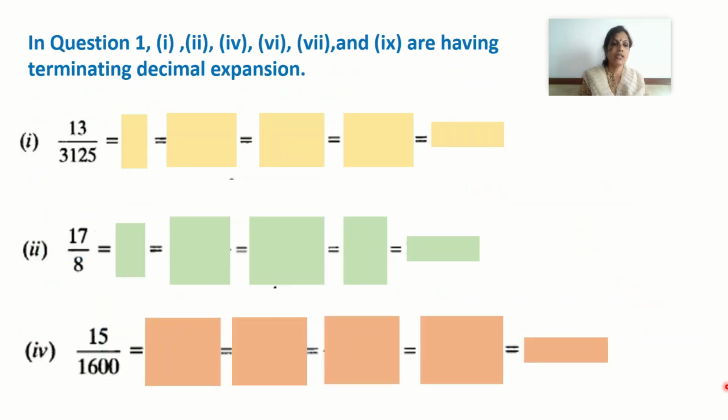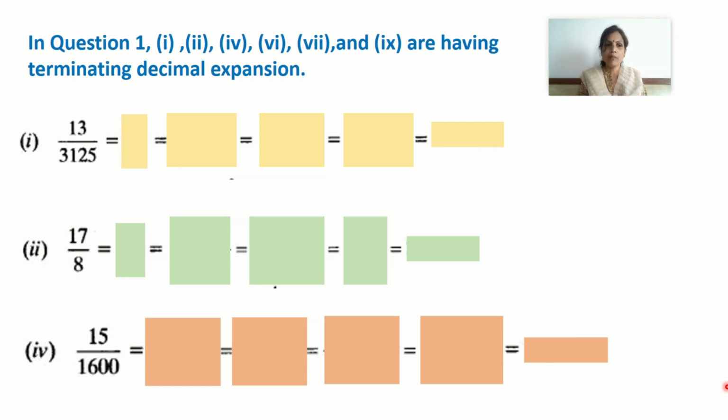So I have written the number first, and let me just tell you that there were 10 questions in question number 1, and out of that, question number 1, 2, 4, 6, 7 and 9, these numbers have terminating decimal expansions, and now we are going to actually write down the decimal expansion.